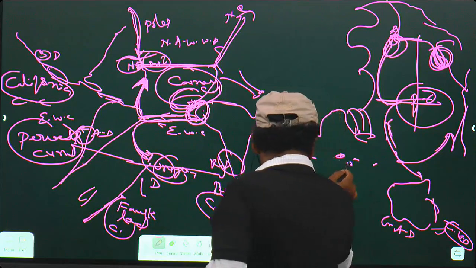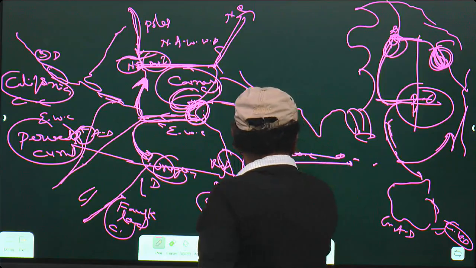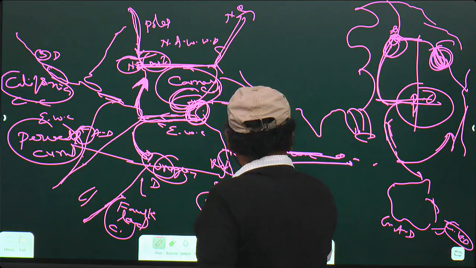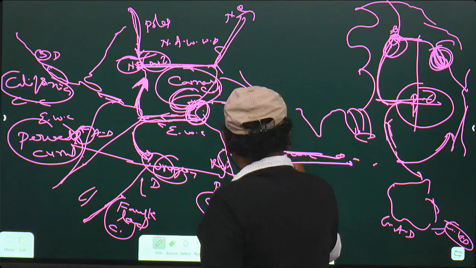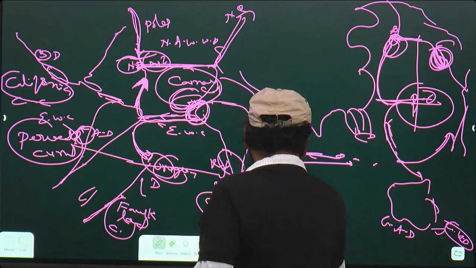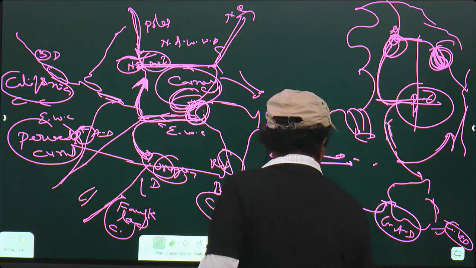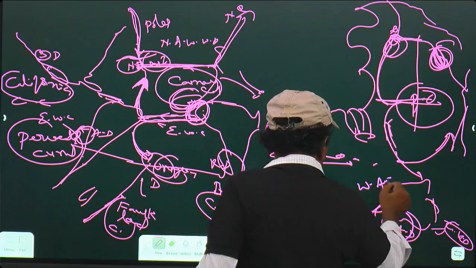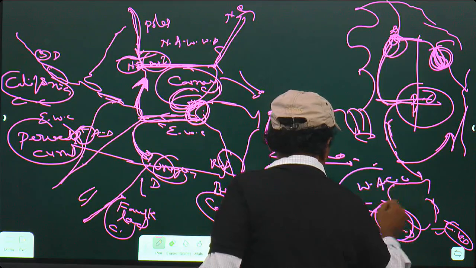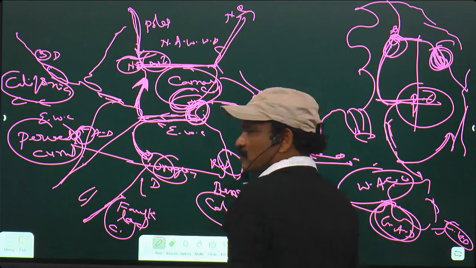Whereas in Indian Ocean also, one warm current divides into two branches. One branch goes to northern side, the other branch goes to southern side. Due to southern branch, Great Australian Desert. This is West Australian cold current.